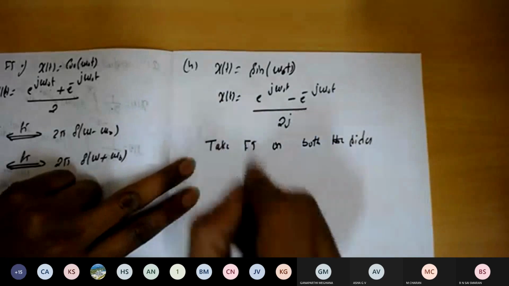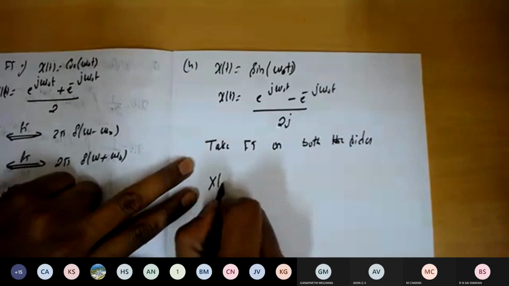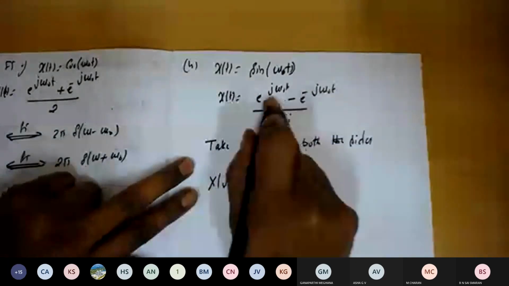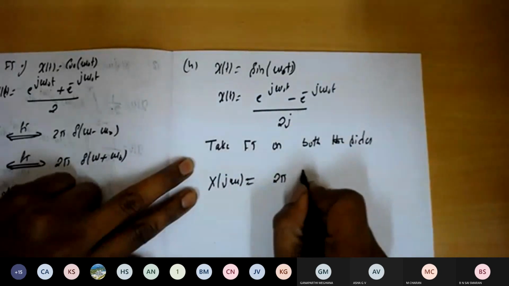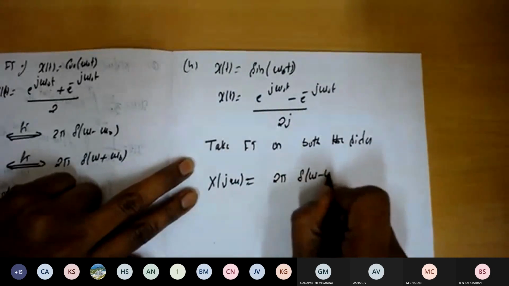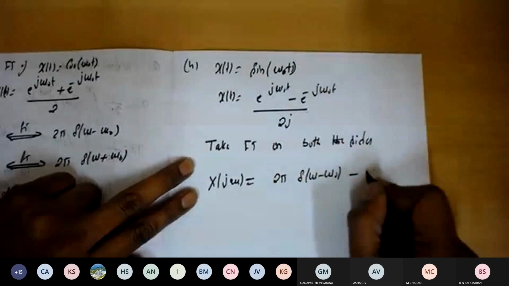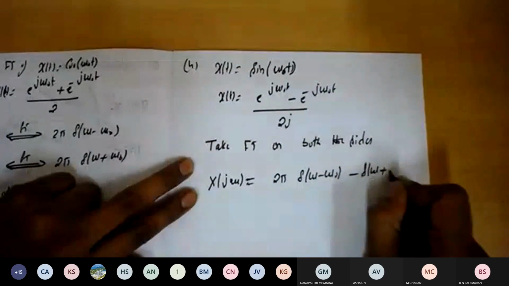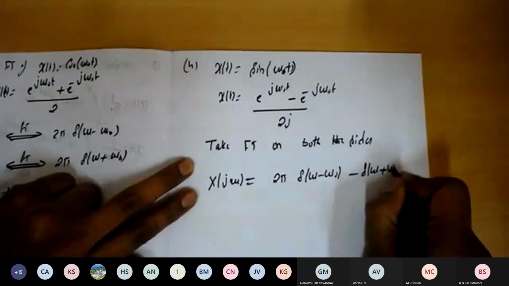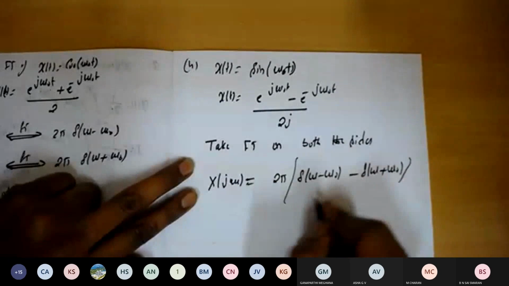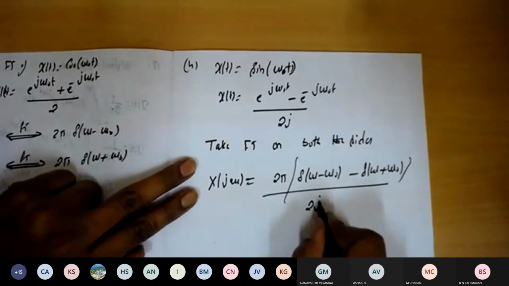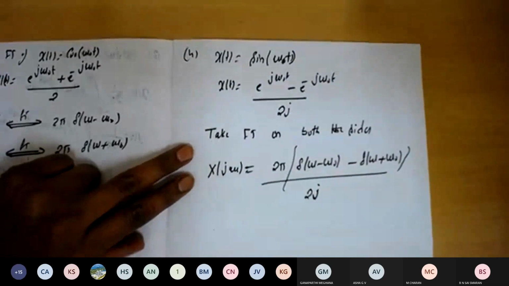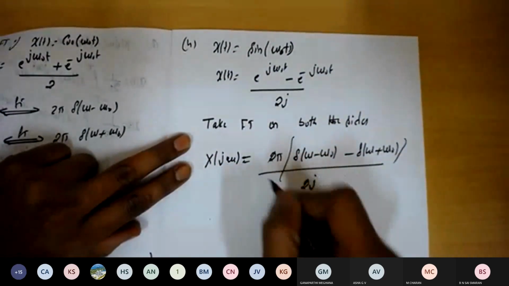On both the sides, the Fourier transform of x of t is nothing but X of j omega, and the Fourier transform of e to the power of j omega naught t is 2 pi into delta of omega minus omega naught, minus delta of omega plus omega naught. So whole thing multiplied by 2 pi. So 2 pi is common, whole thing divided by 2j. Now 2 and 2 will get cancelled.